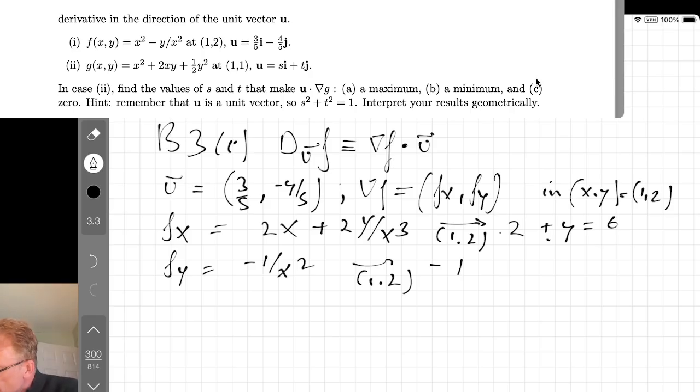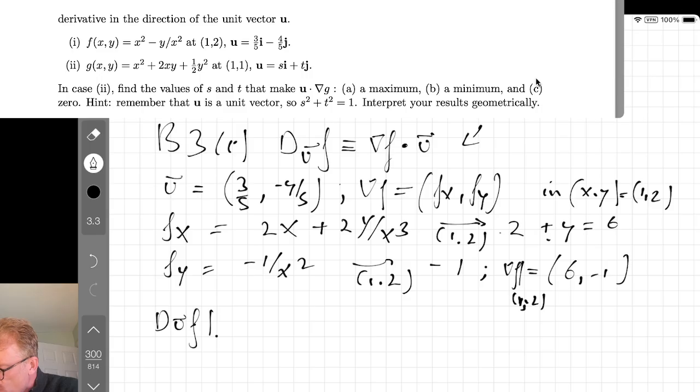So that means that grad f in 1, 2 is 6, minus 1. And now I can calculate the directional derivative. Du f in 1, 2 is 6, minus 1.